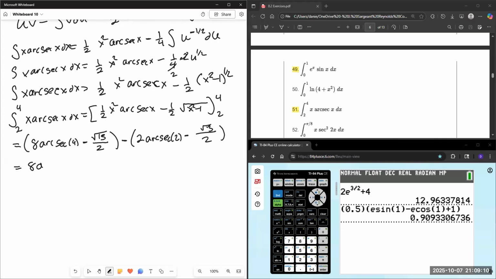8 arc cosine of 1/4 minus 2 arc cosine of 1/2 minus root 15 over 2 plus root 3 over 2.